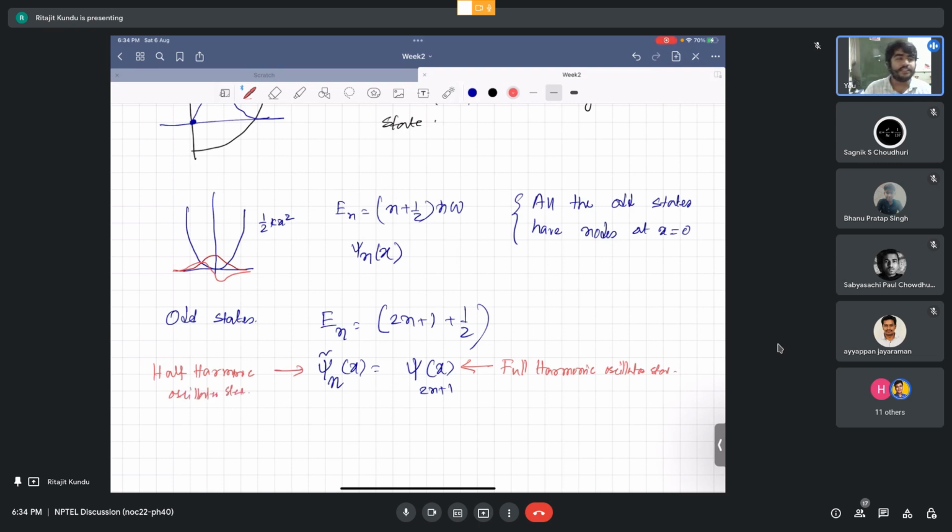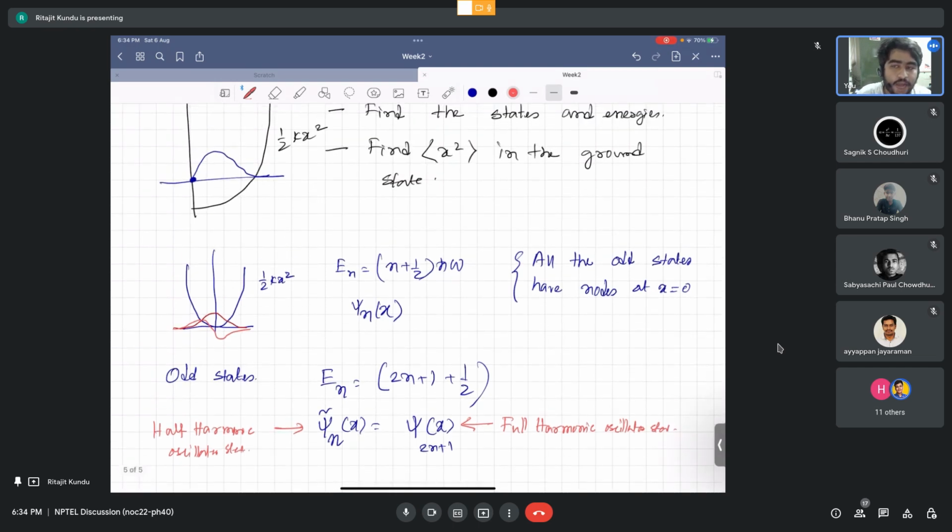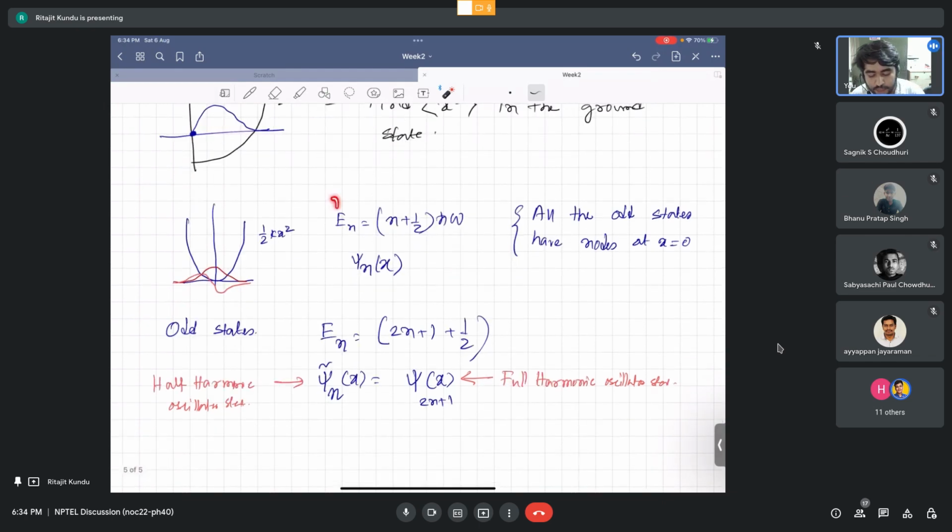You can take this and plug it back into the Schrodinger equation to see whether these states satisfy the equation or not. We are being very smart here and not starting from scratch. We identify that there should always be a node at x is equal to 0, because the potential is infinite at that point, and we look at the whole spectrum of eigenstates of the full harmonic oscillator to find which states become 0 at x is equal to 0.